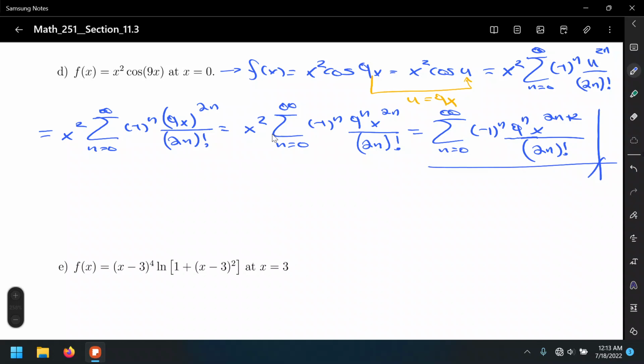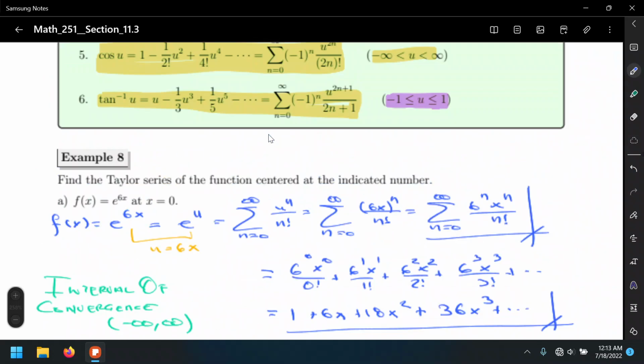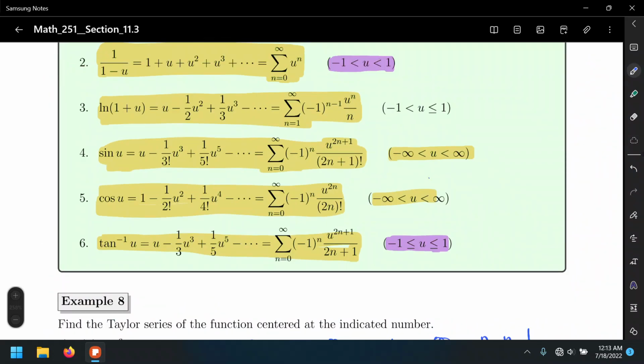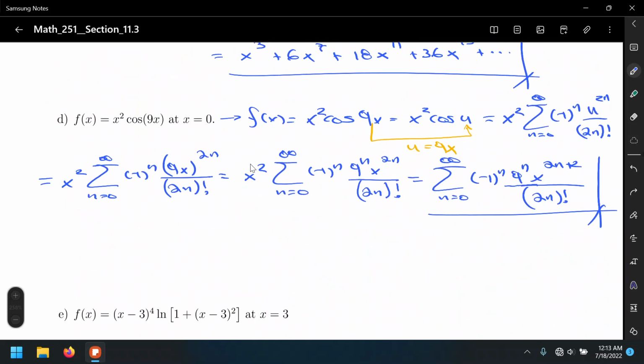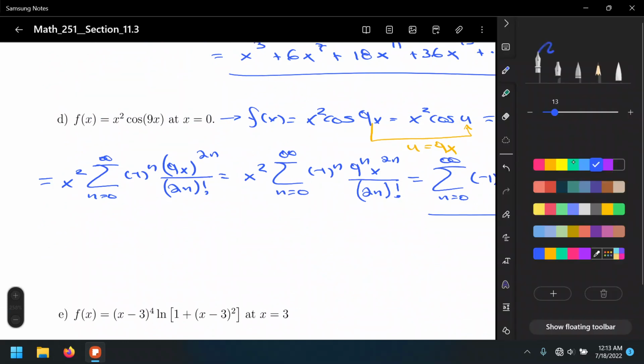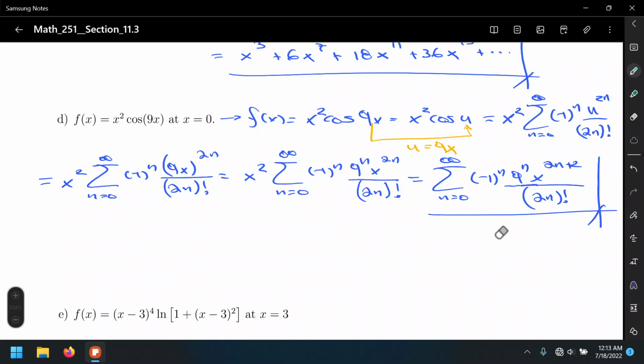And because the interval of convergence for the cosine function, again, it's all real numbers, negative infinity to positive infinity. Even for any shifted function, well, this IOC, or interval of convergence for short, that's negative infinity to positive infinity.